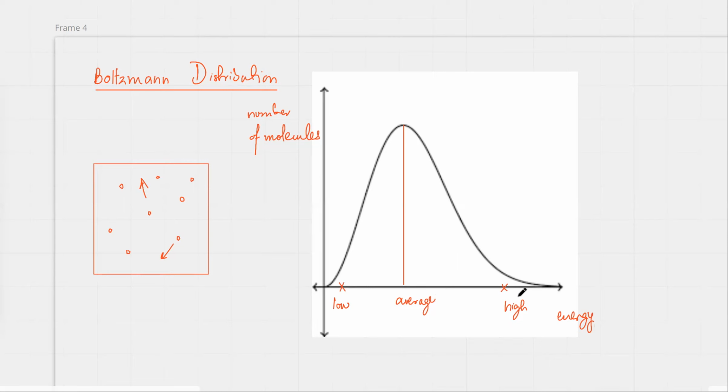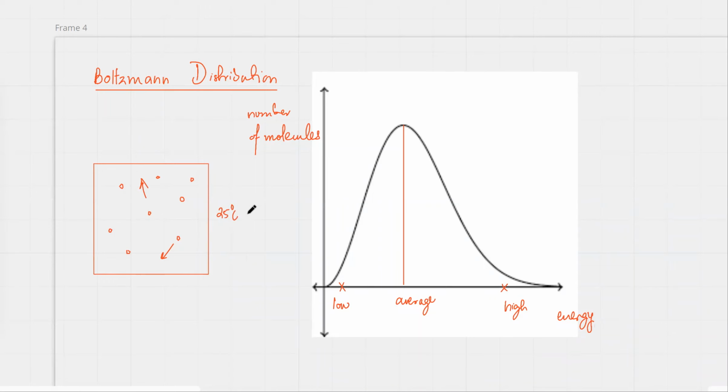So the height of the graph at very high energy and at very low energy, it's not going to have a very big height, because in the container, molecules having extremely low energy or extremely high energy would be very few. If this container is at room temperature, 25 degrees centigrade, then most molecules will have kinetic energy around that value.